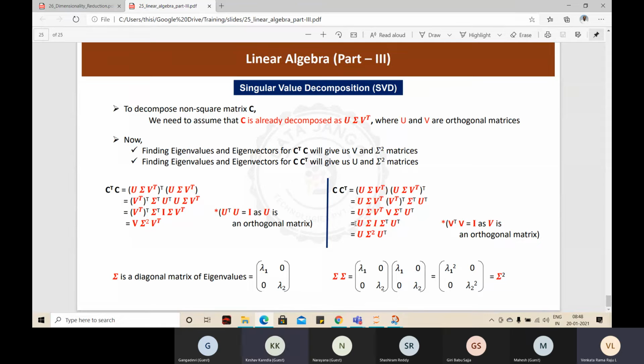One question. Yeah, please. So here we assumed C as a non-square matrix, and C transpose C is converted to a square matrix. Yes. But the same thing we did in eigen decomposition also, right? X transpose X gave us that. That's what I'm saying. Singular value decomposition is a small trick. The only trick here is that U and V are orthogonal matrices. That's the main key.